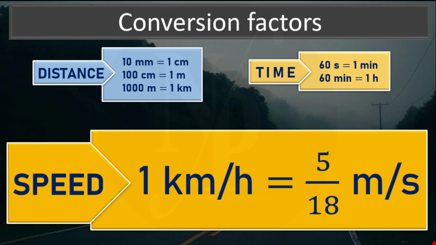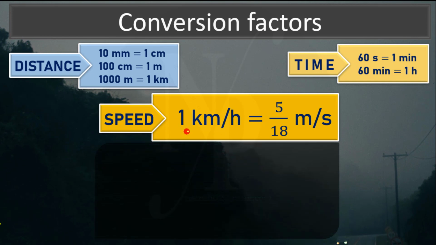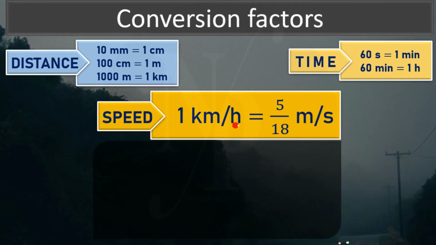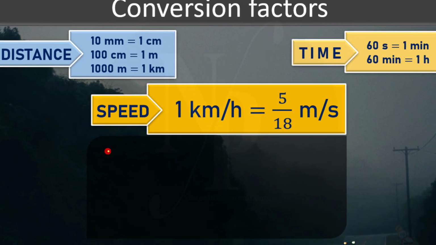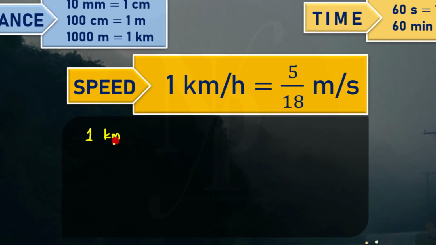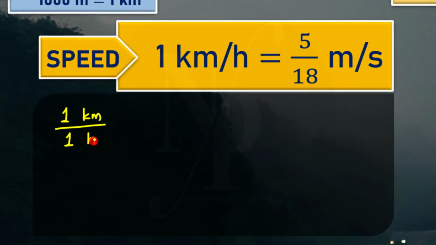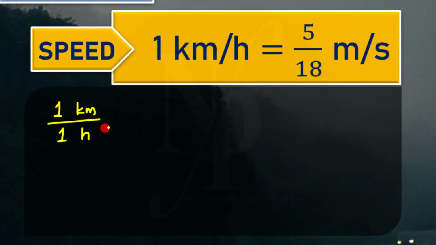Now let us see how this can be obtained. The speed of 1 kilometer per hour is nothing but the distance traveled is 1 kilometer in 1 hour. So I write 1 kilometer divided by 1 hour.